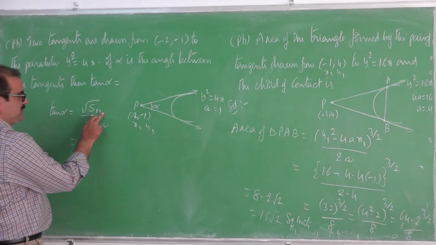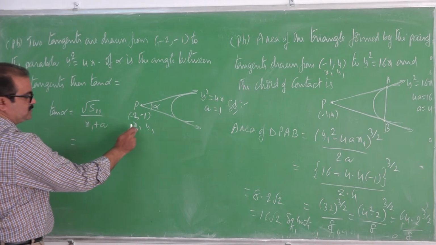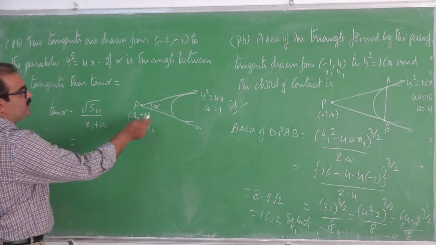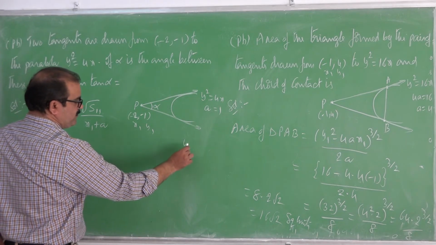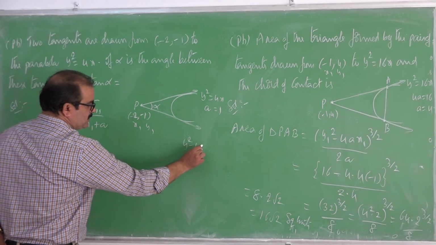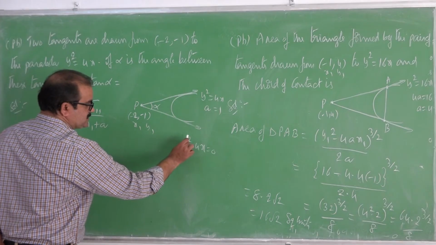How to get s11? Substitute this point x1, y1 in the parabola. What is the equation of the parabola? y square is equal to 4x, or y square minus 4x is equal to 0.